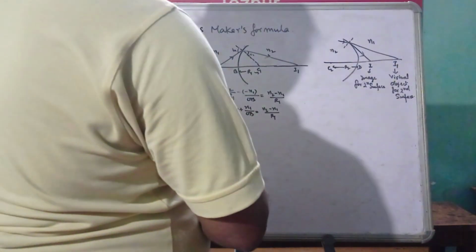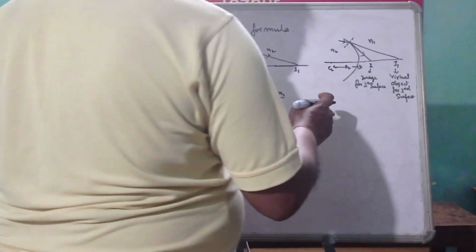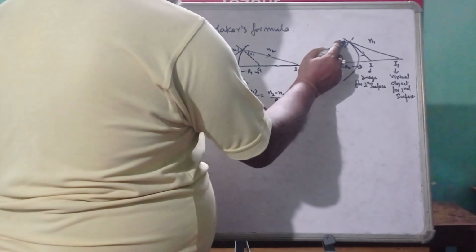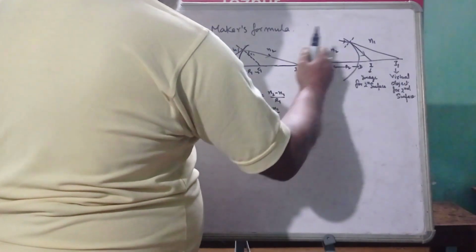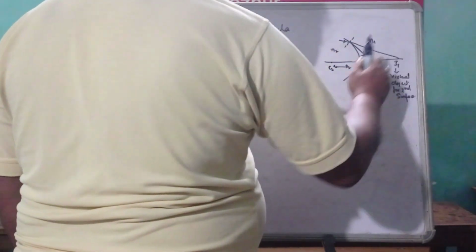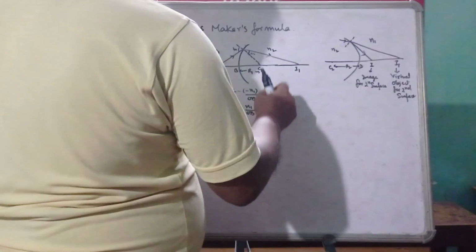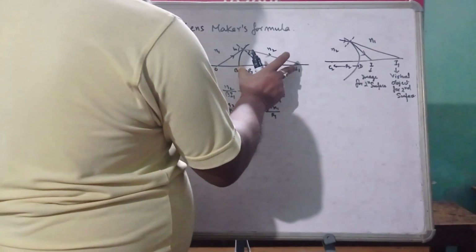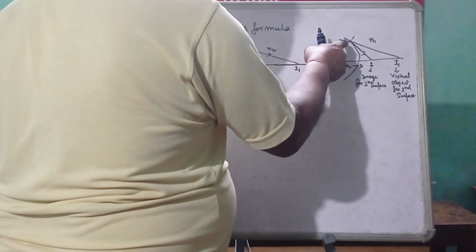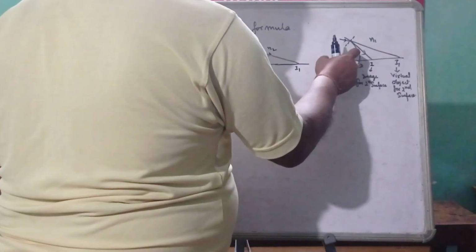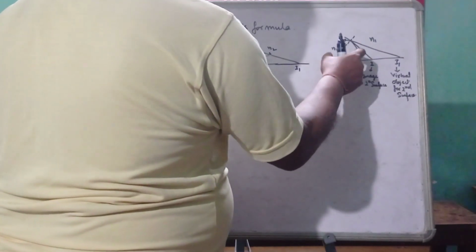In this case, see the figure. This side is your lens side and this is your air side. Here you see this is the image distance, and this image distance is going to be the object distance, but it is a little difficult to show here.